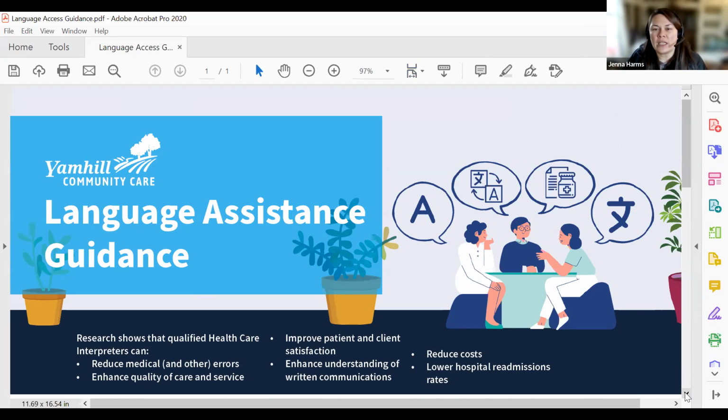And so just to do a high level set, there are a variety of reasons that might create limitations in communication and the ability to communicate in a language that's most appropriate.